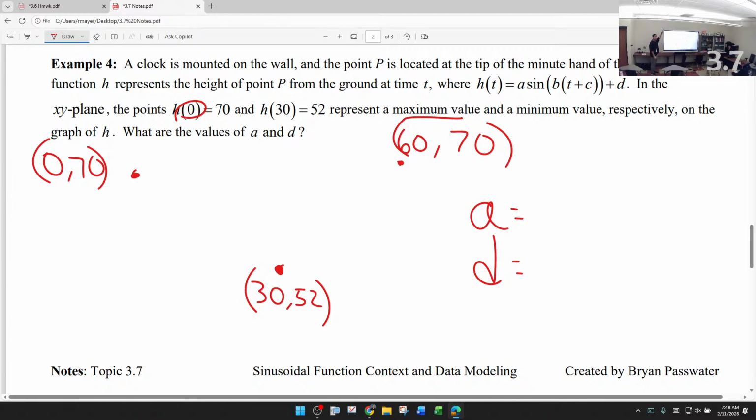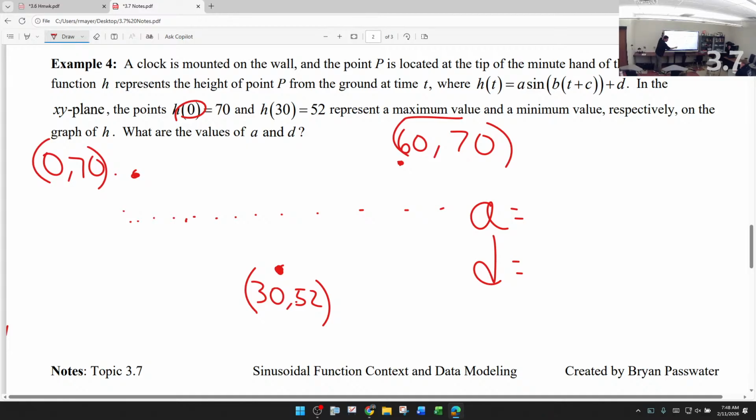I will get some students that go from 70 to 52. Find the average? Yeah, like I said, I don't think there's 29 different ways to do that, but whatever you've got to do to realize that this is the midline, and it's from the midline to the max or midline to the min.